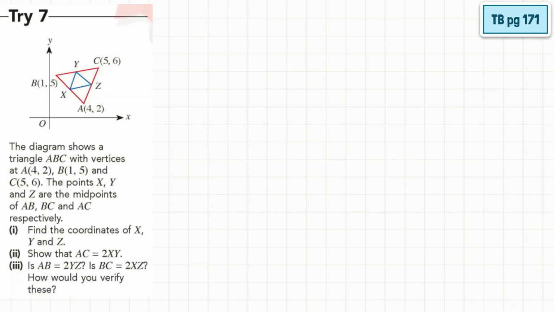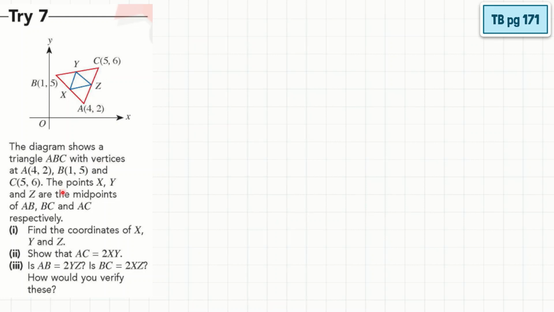We will begin by taking a look at this example over here. In Try 7, which is found in your textbook page 171, we are given a diagram that shows a triangle ABC with vertices A, B, and C, whereby the coordinates of A are (4, 2), B is (1, 5), and the coordinates of C are (5, 6). They are all shown on the diagram.